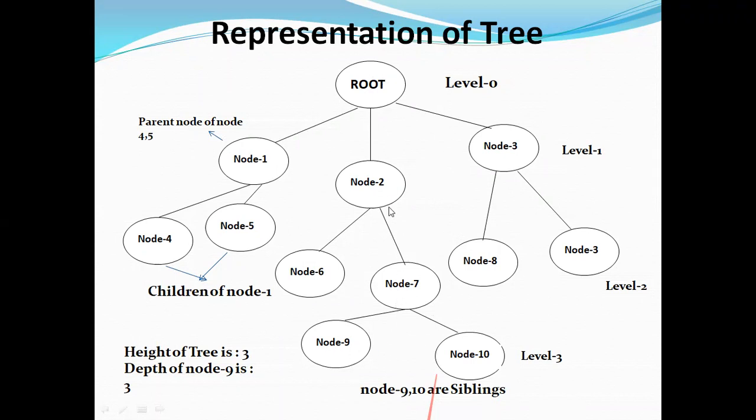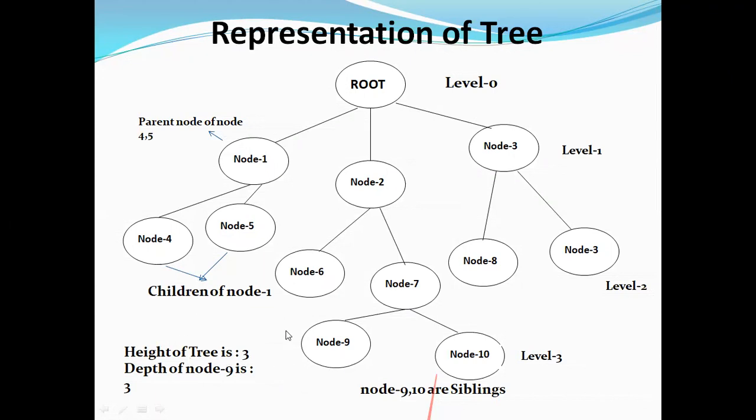So you can choose any one. Let's say we choose root, node 2, node 7, node 9, and there are three edges there: one edge from node 9 to node 7, one from node 7 to node 2, one from node 2 to root. So three edges are there. It means the height of the tree is 3.